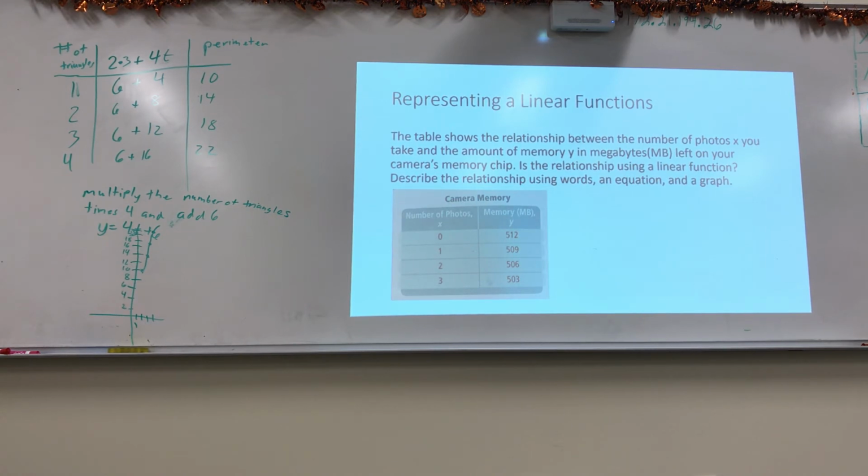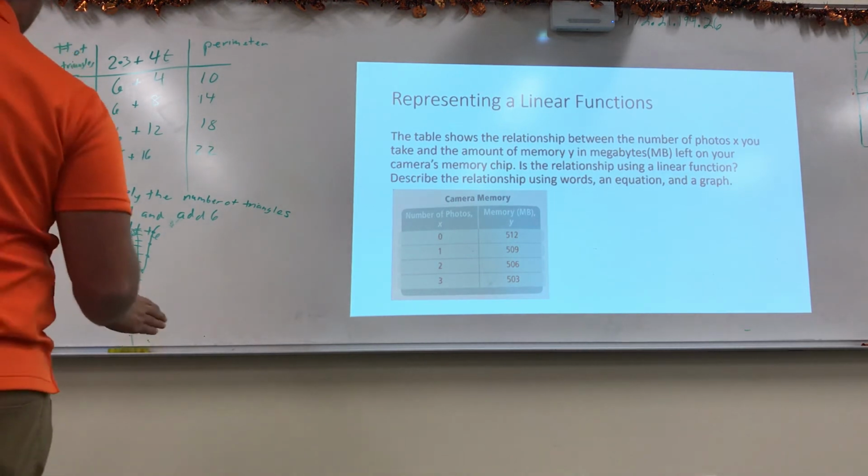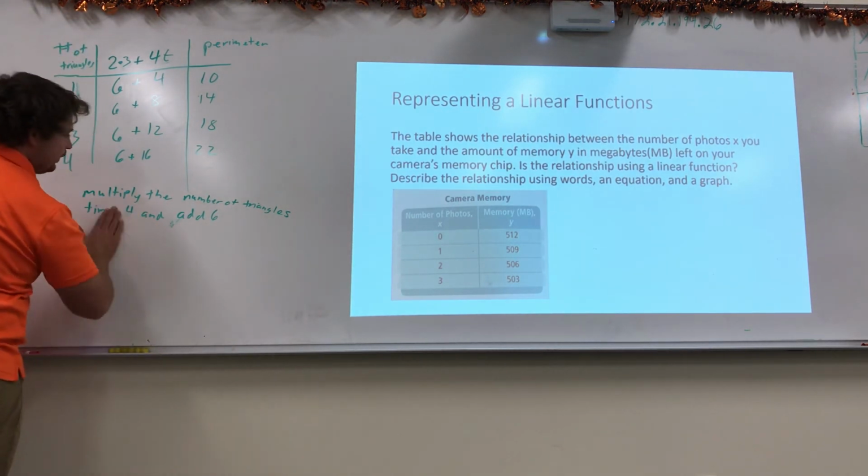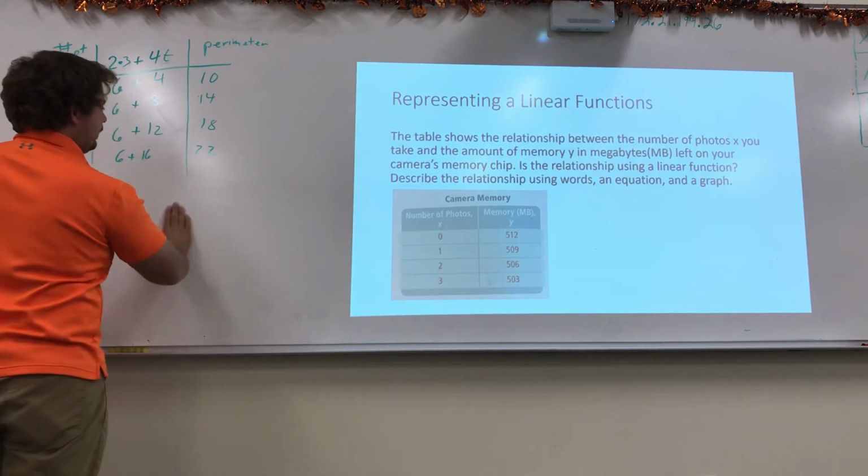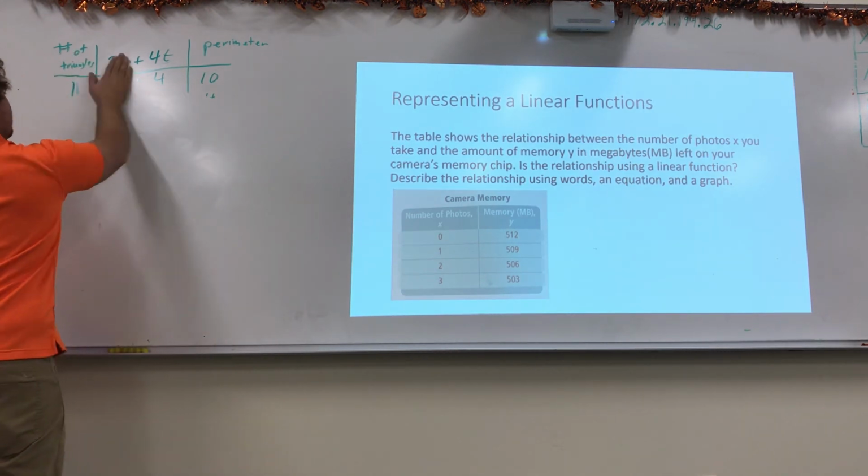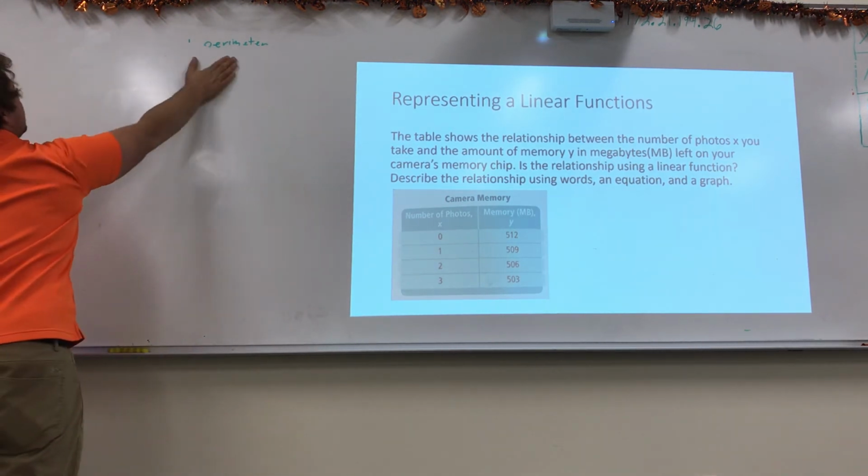So, every picture you take is minus 3. I have to put this in words, and in an equation, and I have to graph it. The thing that I'm seeing here in my graph is that every time I take a picture, I'm losing 3 megabytes.